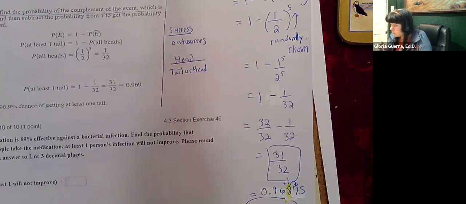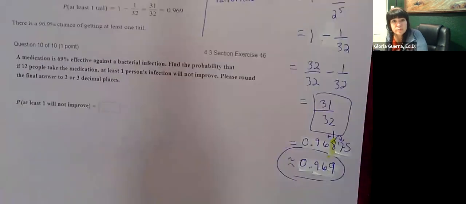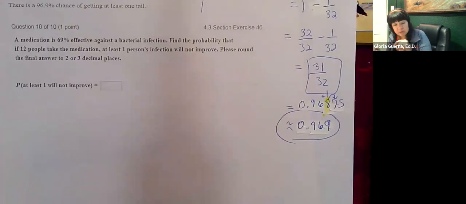Okay, all right. So now let's see. There's one more involving this. A medication is 69% effective against bacterial infections. Find the probability that, again with n equal to 12 people taking the medication, at least one person's infection will not improve.